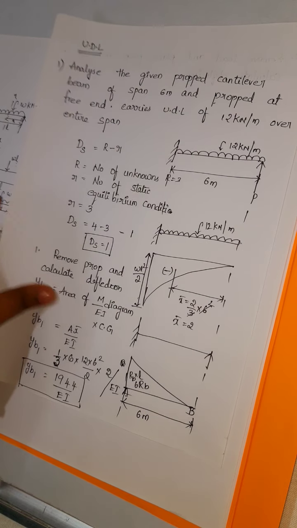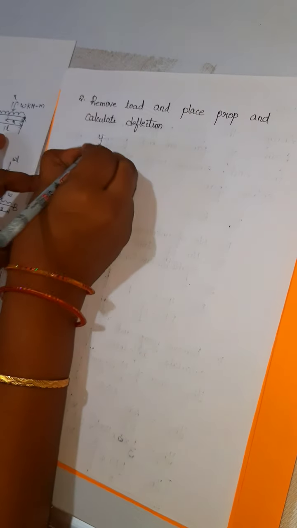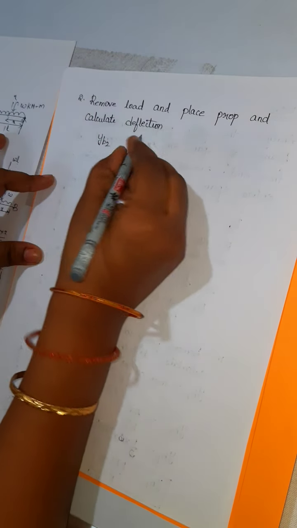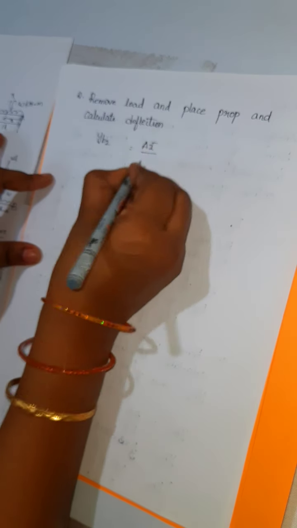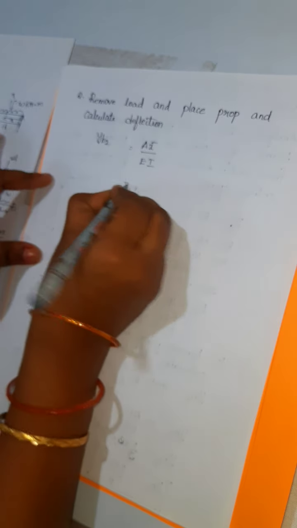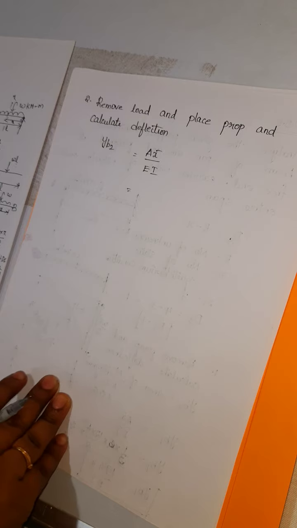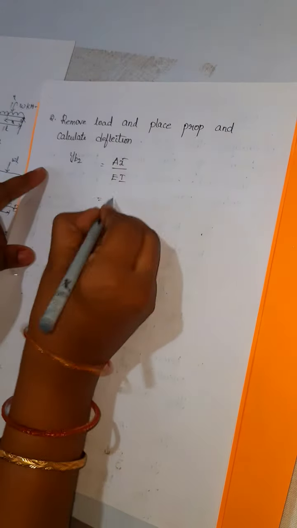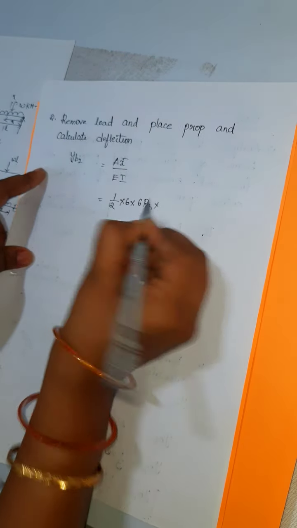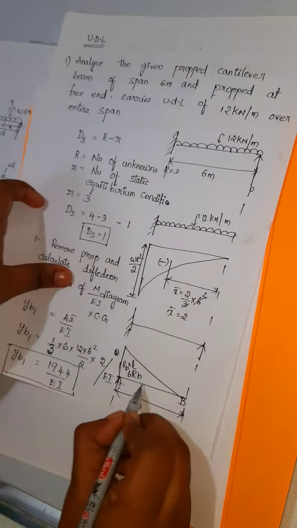Same step, again I am writing here YB2 is equal to AX bar by EI. Since the bending moment diagram is a triangle, half into base into height. X bar is nothing but center of gravity.